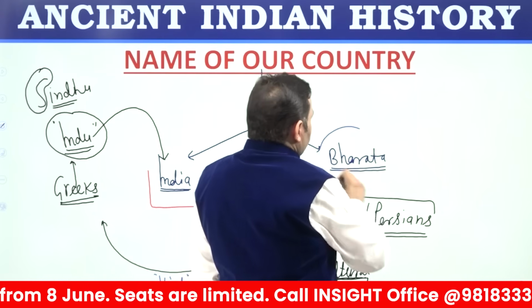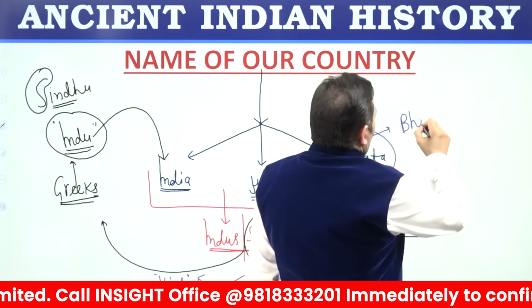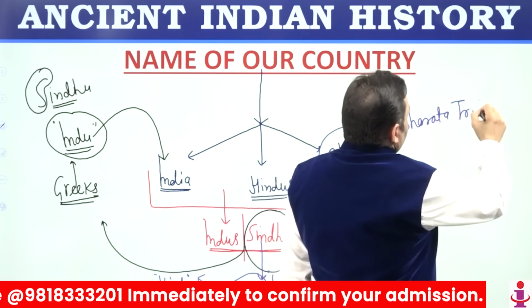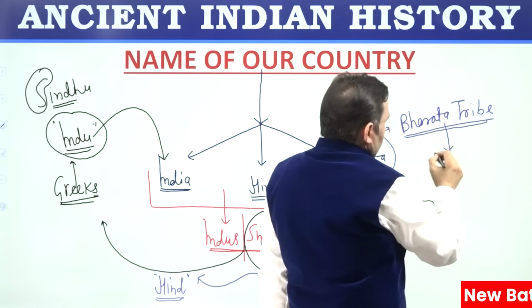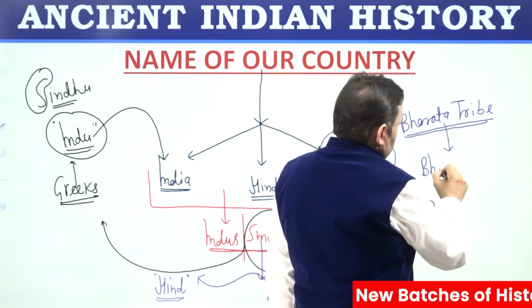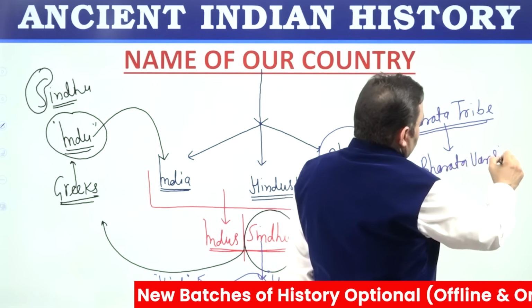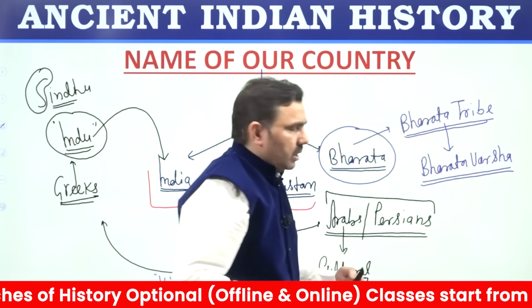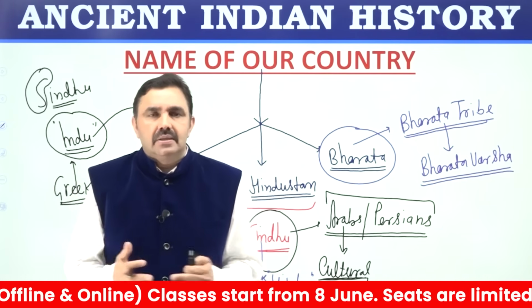What about the name Bharat? The name Bharat comes from the name of Bharata tribe. There was a tribe in Vedic times. The name of this tribe or this group was Bharata, and the land of this tribe came to be known as Bharatvarsh. Varsh means land here. So we call our country as Bharat or Bharatvarsh, the land of Bharatas.